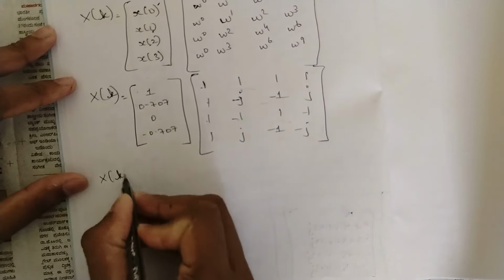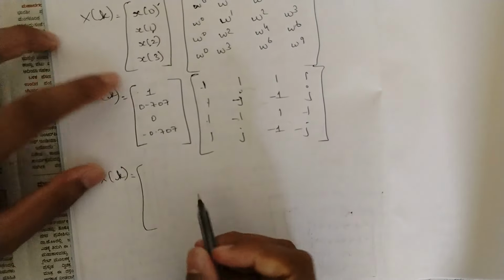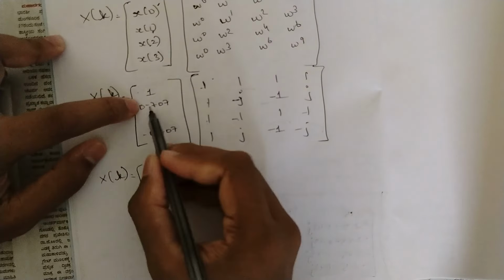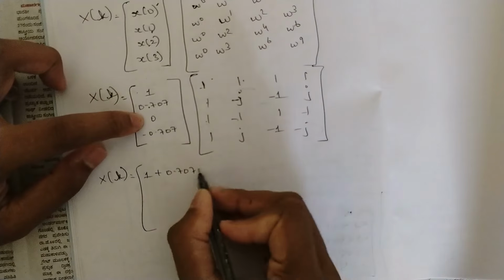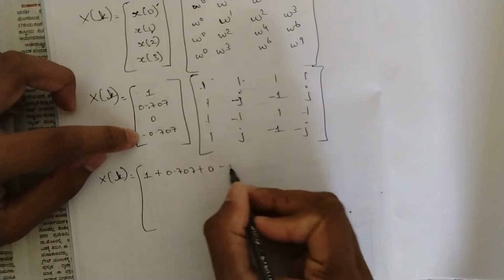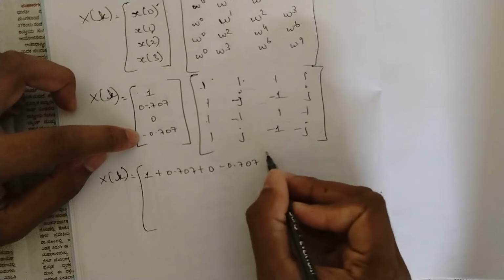Then do the simple matrix multiplication. Okay, 1 ones are 1, 0.707 into 1, that is plus 0.707, 0 into 1 is 0, minus 0.707.